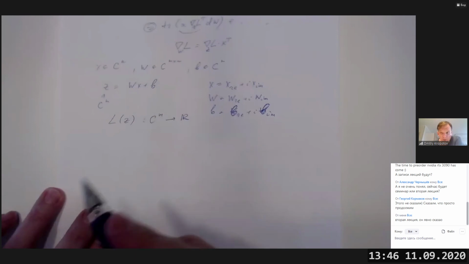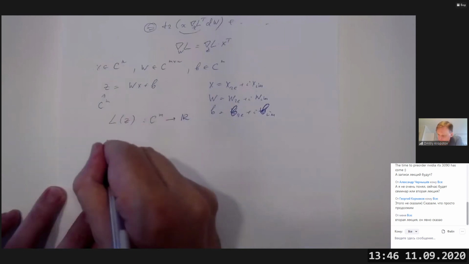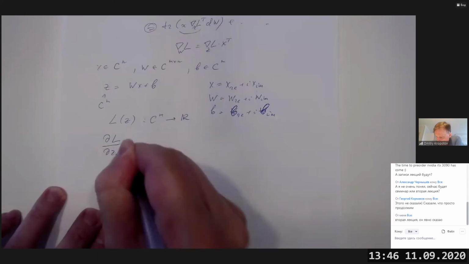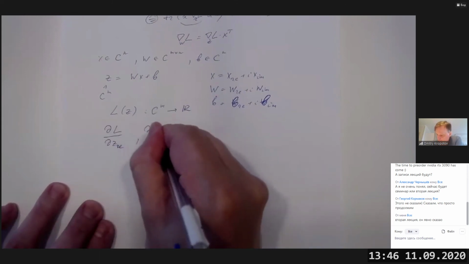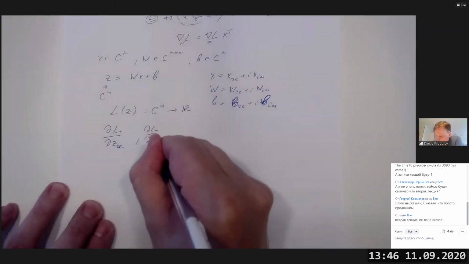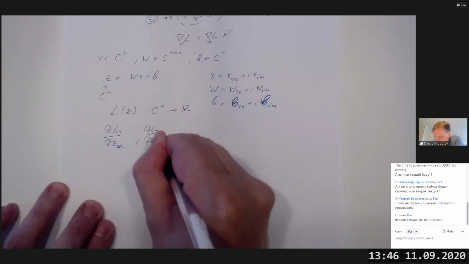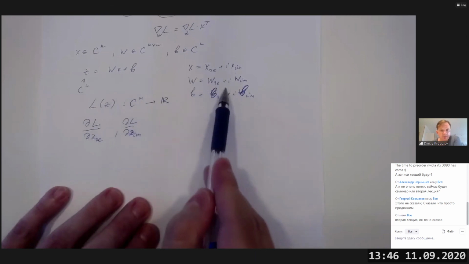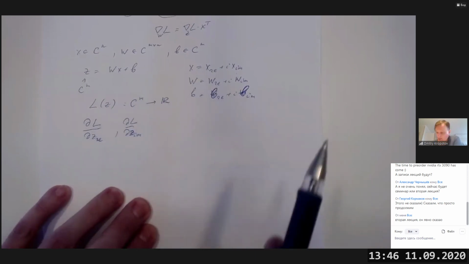Then we know from our backpropagation the derivative of L with respect to the real part of z and the derivative of L with respect to the imaginary part. Then put this expression inside the linear transformation.